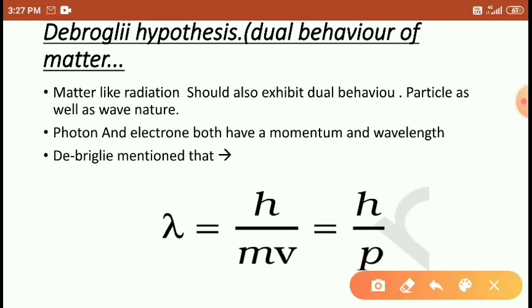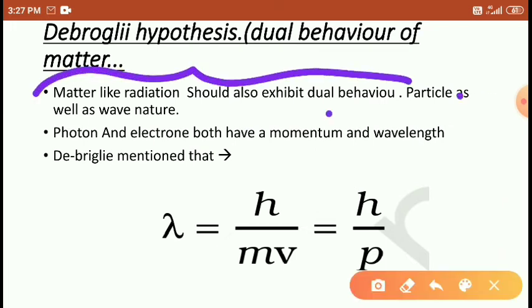So matter, like radiation, should exhibit dual behavior, particle as well as wave nature. Electrons exhibit both particle and wave nature.